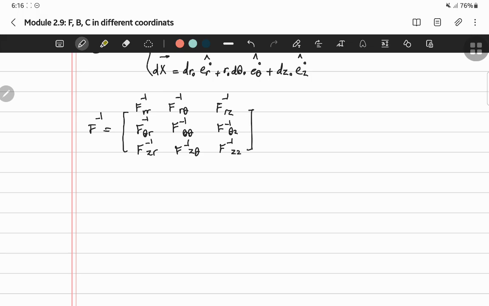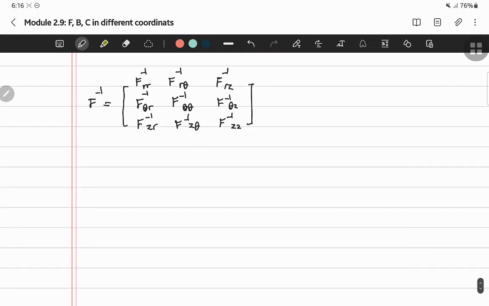So we have this F inverse in here, and this should be times dr, r d theta, and dz to give dr0, r0 d theta 0, and then dz0.